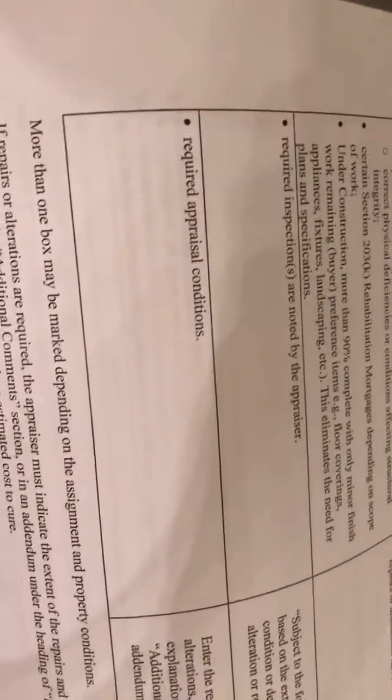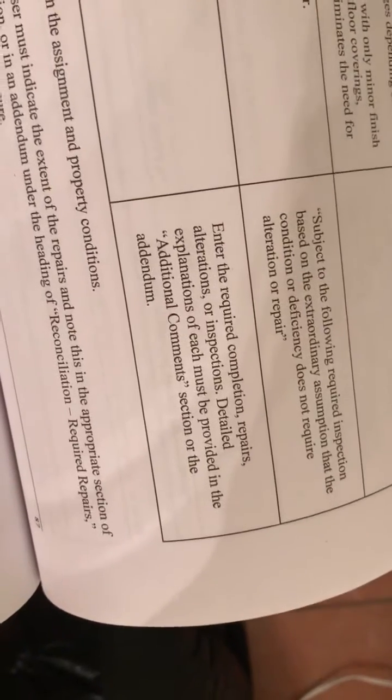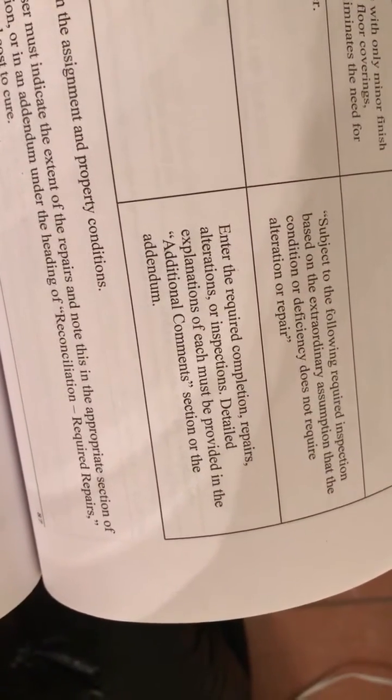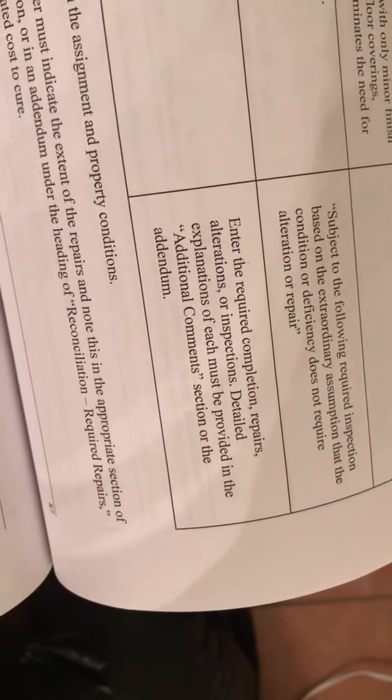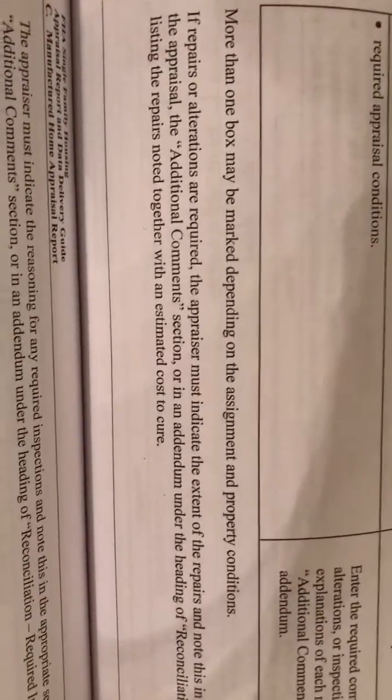When required appraisal conditions, then the appraisal should be rendered. Enter the required completion, repairs, alterations, or inspections. Detailed explanations of each must be provided in the additional comment section of the addendum. More than one box may be marked depending on the assignment and property conditions.